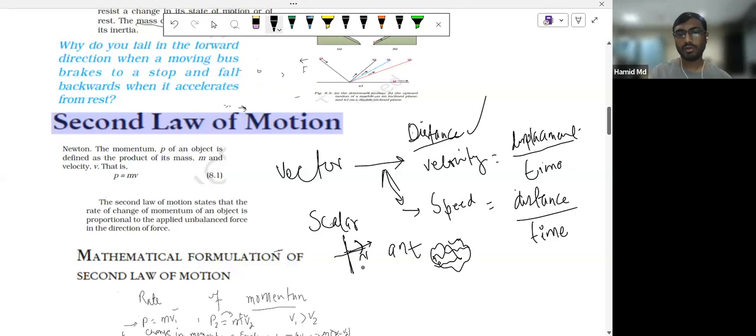It has magnitude as well, 5 meters per second, and this has also the magnitude, say 0.5 meters per second. It has direction, but this doesn't possess the direction. Got the difference? Yes, sir.